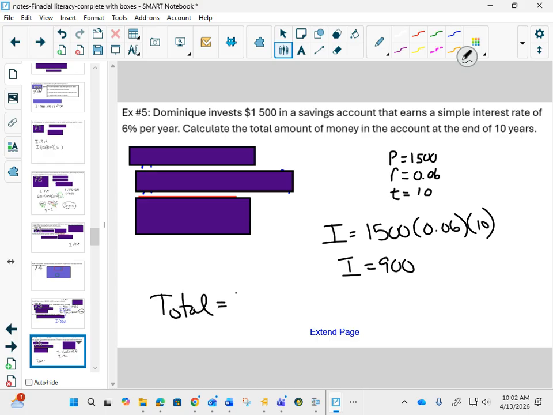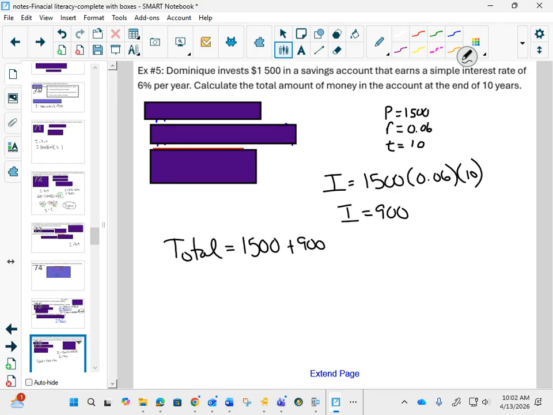The total will equal the 1,500 plus the 900. 2,400 in total. I didn't click on the boxes because I knew the boxes would probably use one of the other formulas. I liked figuring out my interest first, adding it up.